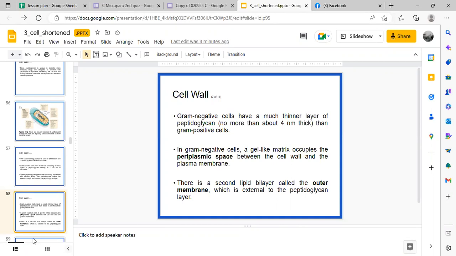So for gram-negative, besides the cell membrane, which we can call the inner membrane because you have an outer membrane in gram-negative. So the cell wall is in the middle in gram-negative bacteria.